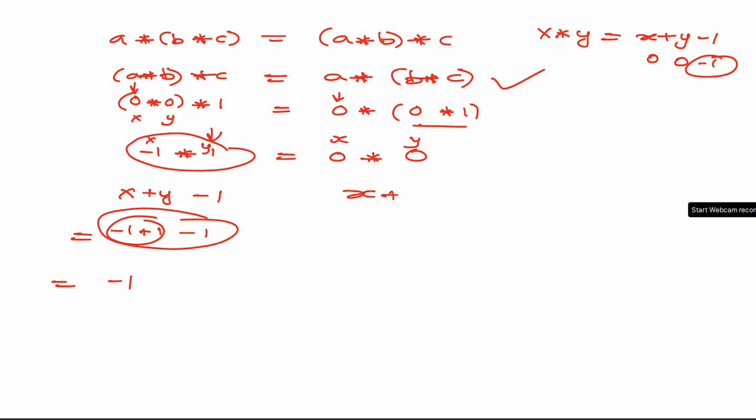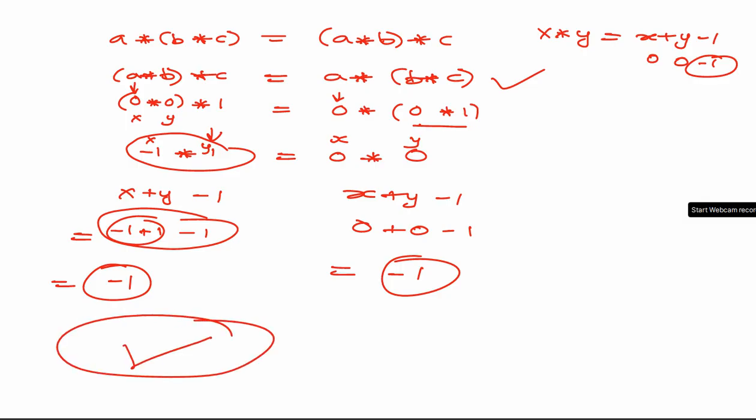Expressing in this expression, where there's x we put 0, and where there's y we put 0 minus 1. Our answer is still -1. As you can see, all the parts are the same, so the associative law is also satisfied, or in Zambia we call it kwenyu.